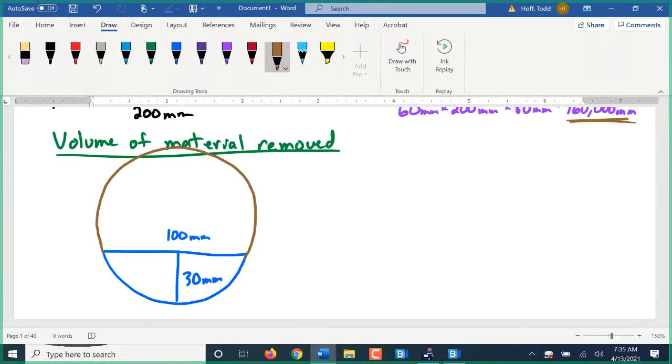The rest of the circle would look something like that. We did this at the end of last semester, where we said this is going to get split in half, so 50 millimeters here and 50 millimeters over here. And then we're going to extend this up through to get a full diameter of a circle. But first we're going to find this piece here, which I'm going to call X.